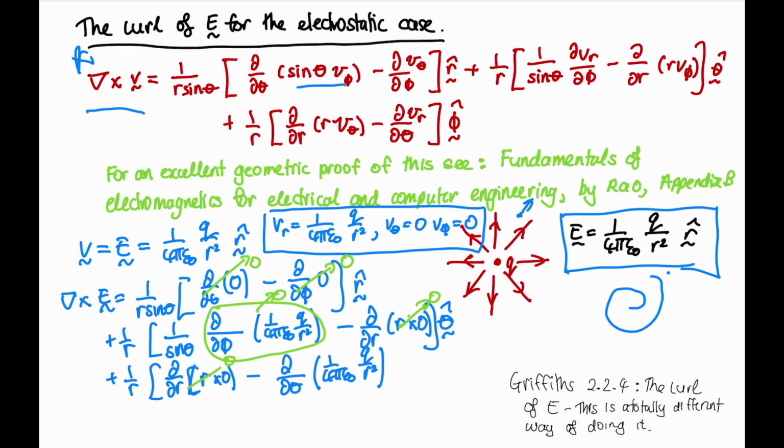But again, this doesn't have any theta dependence. So when we take the derivative of this with respect to theta, the derivative is also 0. And this is in the phi direction. So in total, this is 0.